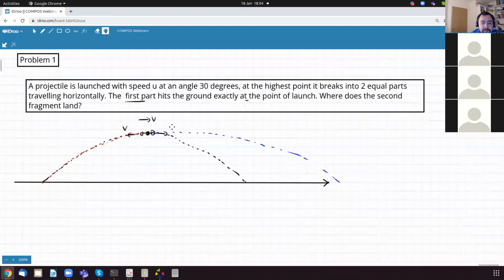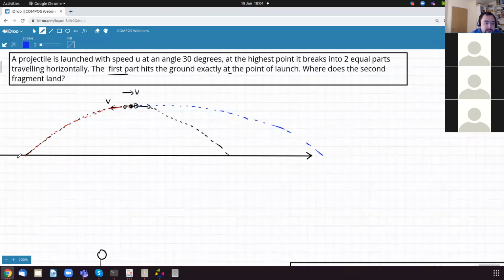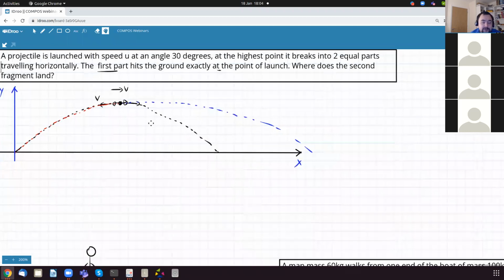Okay, so this is 0, 0. This is the original point of launch. This is the y-axis. This is the x-axis. What do we know?